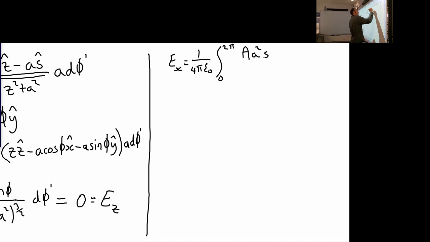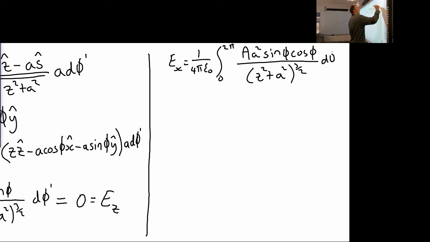Now let's look at our Ex component. This is going to be given by big A squared, sine phi cos phi, over z squared plus a squared to the three over two, and this is d phi prime.